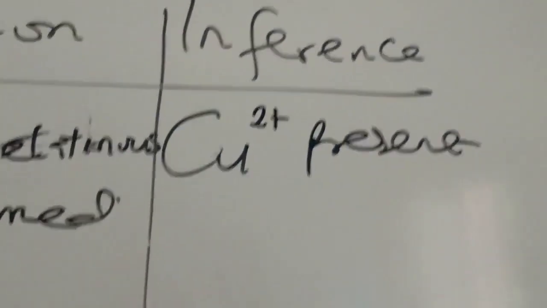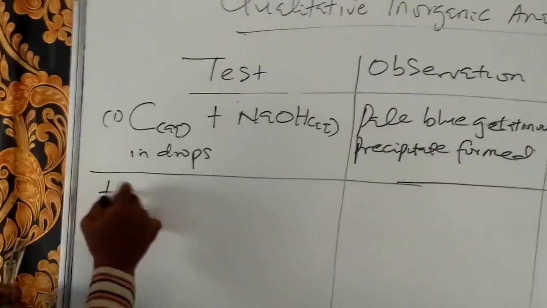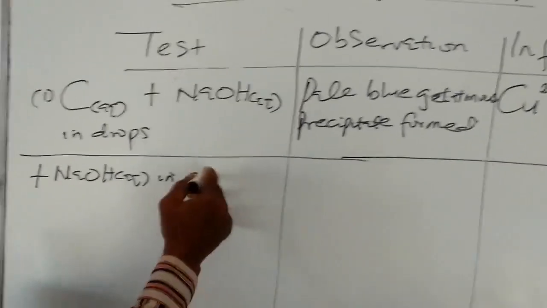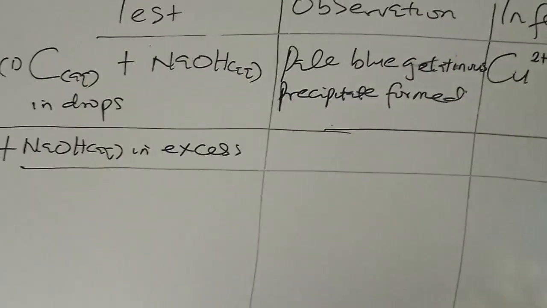So the next, go to the next line and write, let me draw a line here. This is a continuation to number 1. Now we say plus sodium hydroxide aqueous in excess. So we are adding the same chemical now to the pale blue precipitate formed already here in my hand.